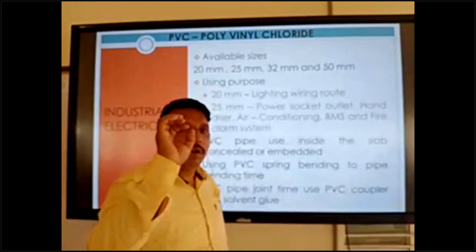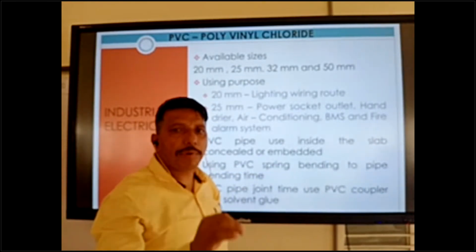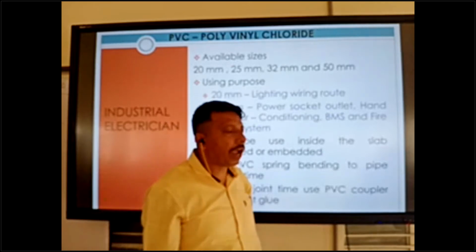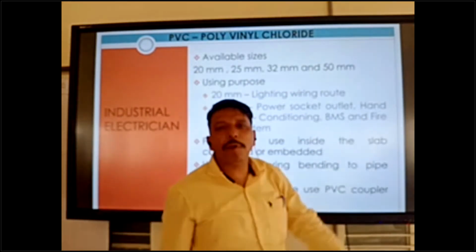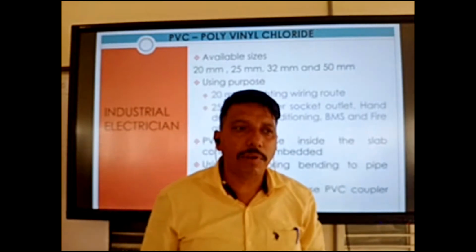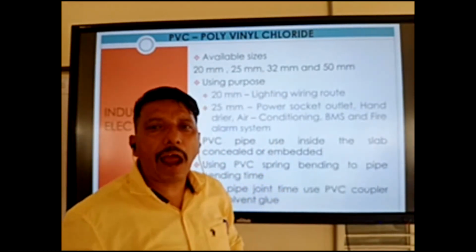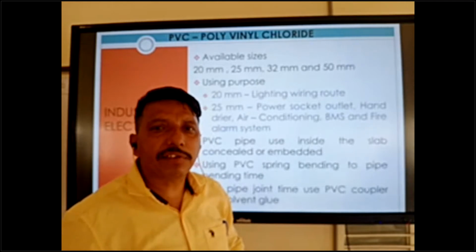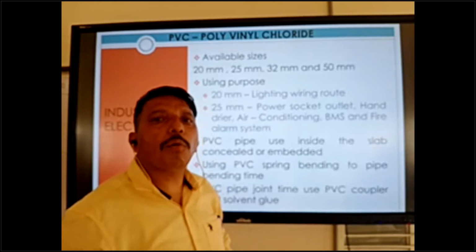The other sizes are sometimes used. If bundles of wire are coming, punch wire, then we can use this one. The 32 and 50 mm are mostly used in control systems, where punch wire is coming, like cat 6, cat 5 wire, control wire. This is low voltage wire.